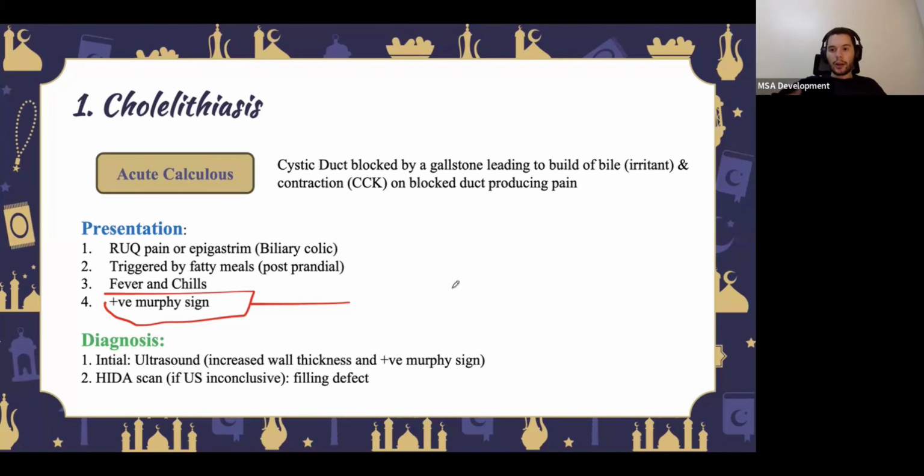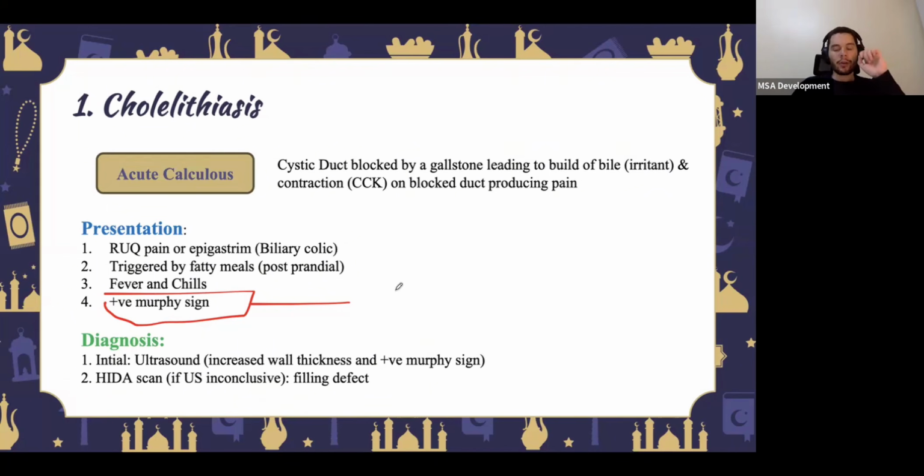They expire, and you put your hand under their lowest rib on their right side. Okay? And then you ask them to take a deep inspiration. Once they inspire, the inflamed gallbladder would hit your finger, and once that happens, they stop. So it is cessation of breathing after you palpate that region. Okay? So this is a positive Murphy sign.